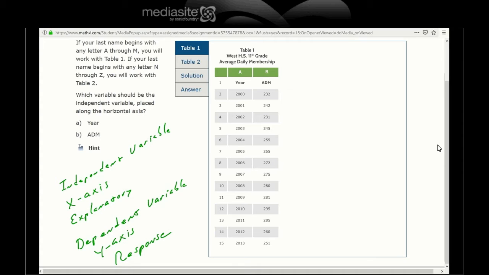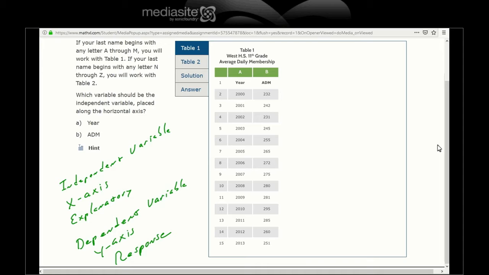So what explains what? Does the year explain what the average daily membership is, or does the average daily membership explain what year it is? So what is the variable that we can use to help explain the output? Does year explain average daily membership, or does average daily membership explain year?